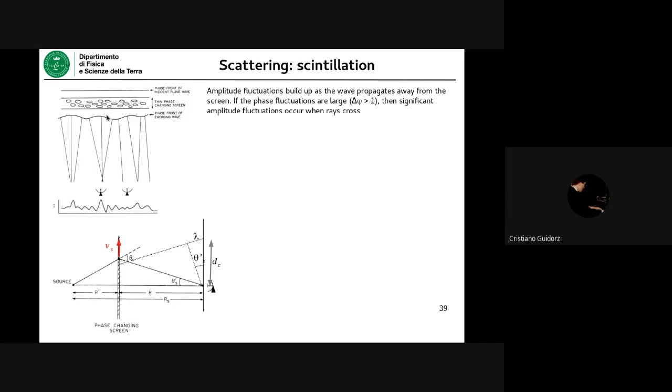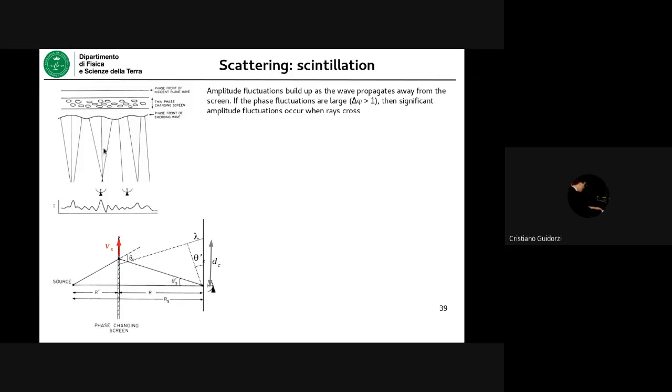Okay, now let's consider instead the diffraction effect, because you have different rays with different directions, and we calculated the typical difference in terms of angle between all these rays, theta s, and then theta s prime if you consider the observer. So we can ask ourselves, at what distance will these rays typically cross, so come together?